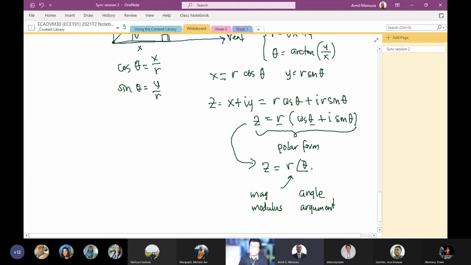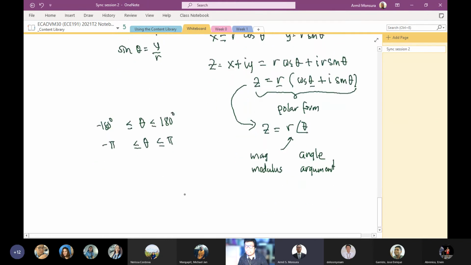Now, I would like to talk about theta. Okay, pag-usapan natin yung theta. Because theta would only be defined in between negative 180 degrees to positive 180 degrees. Or basically, in terms of radians, this would be defined from negative pi up to positive pi. Okay?